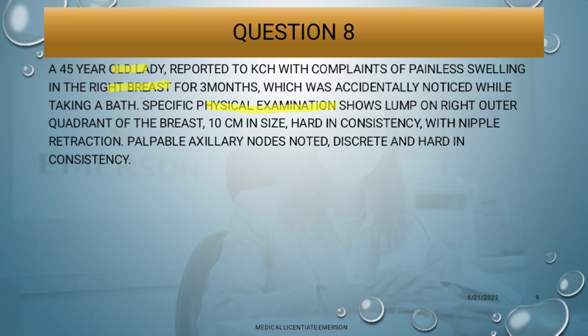The physical examination shows a lump on the right outer quadrant of the breast, 10 centimeters in size, with nipple retraction. Palpable axillary nodes are noted, discrete.